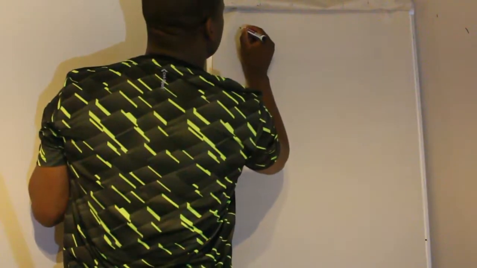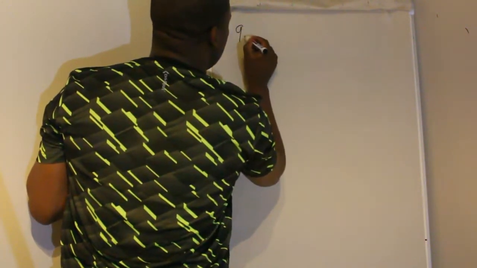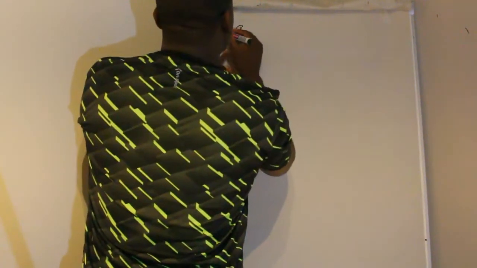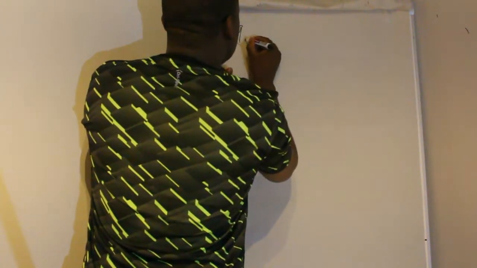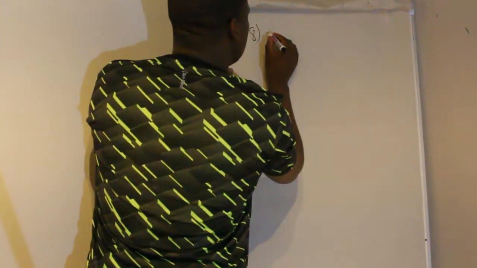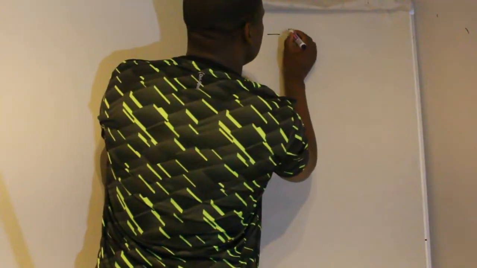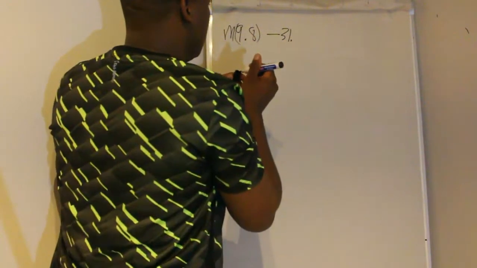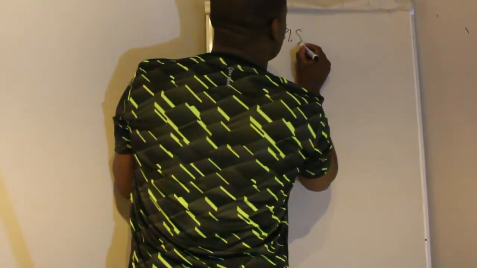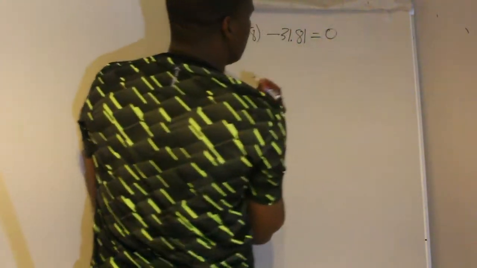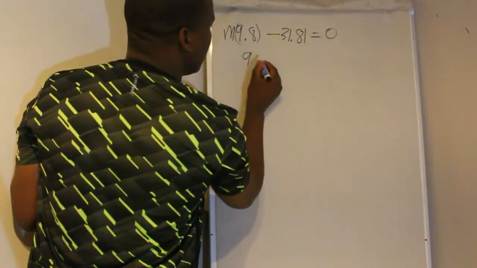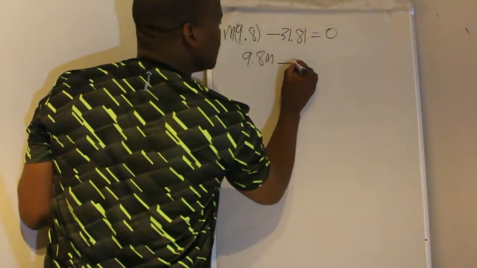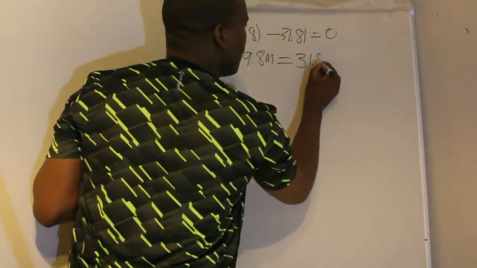So you have mg, m times 9.8, minus T, which is 31.81, is equal to 0. So you have 9.8 m is equal to 31.81.